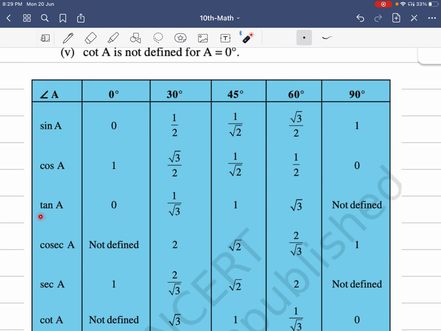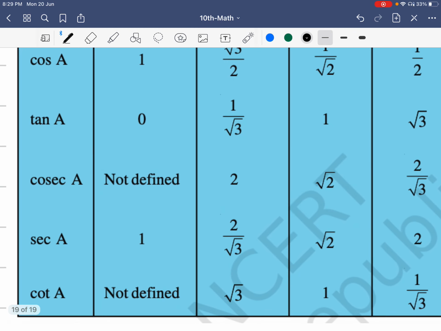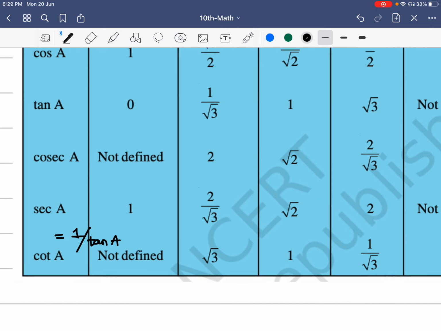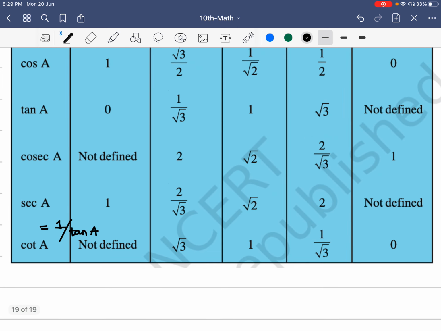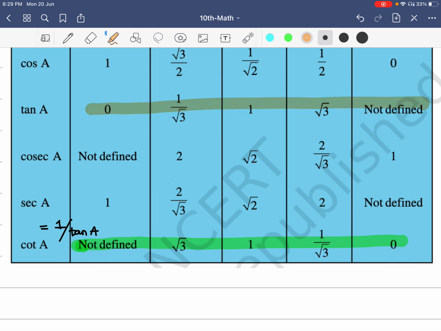That is because tan A is 0 and cot A is nothing but 1 divided by tan A. If you observe all the values of cot A, let me again use a highlighter, all these values of cot A are reciprocals of all these values of tan A, because that is the definition of cot A.